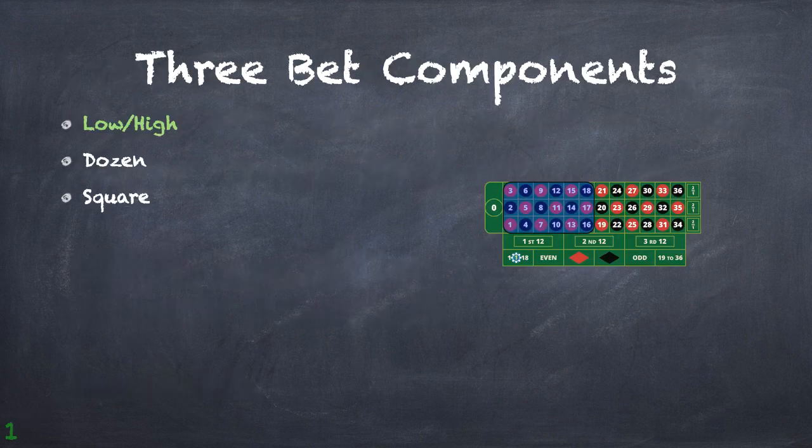All right, so roulette cards has 5 distinct bet types that it uses. And each bet type is composed of 3 bet components. Before we dive into the bet types, let's take a look at the individual bet components. The first bet component is the low-high. This is where we place a required amount of units on the 1 through 18 or the 19 through 36.